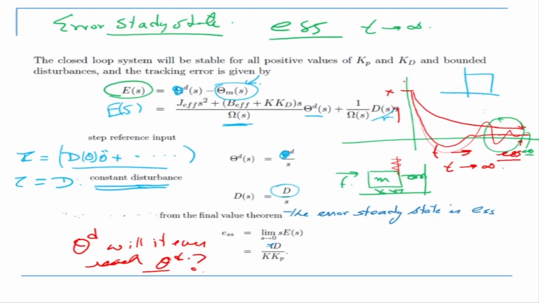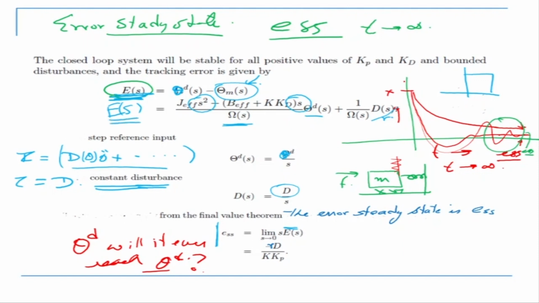So if I do that, then from the final value theorem, which says that limit s tending to 0, s of Es, where Es is the error, which is here. If I put s equal to 0, so there is an s here, there is an s here, this will become 0. So limit s tending to 0, s of Es, what was Es?